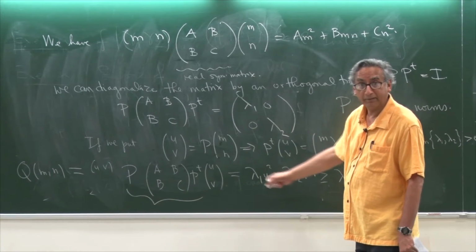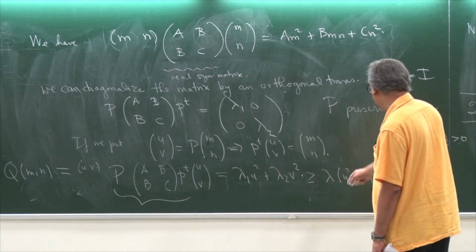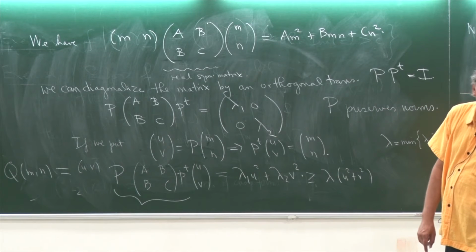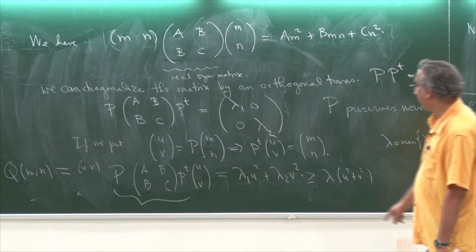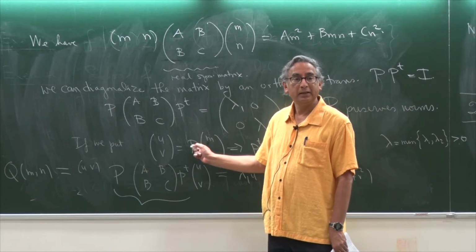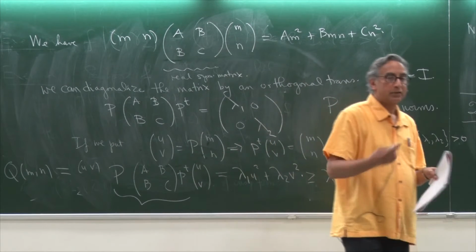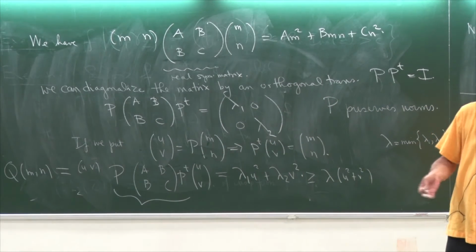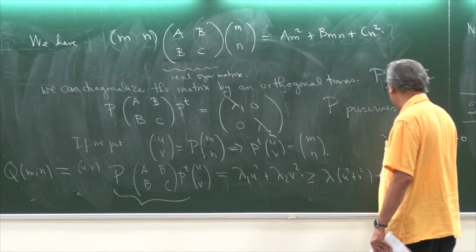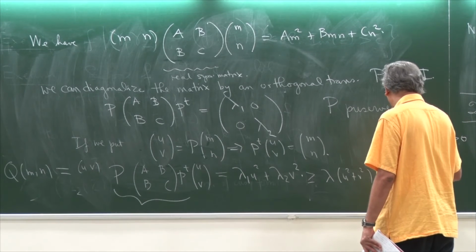That's why the eigenvalues are positive. But u squared plus v squared is the norm of the vector (u, v), which is obtained by transforming (m, n) via P, and because P preserves lengths, the length of (u, v) is the same as the length of (m, n). So this is at least lambda times (m squared plus n squared).